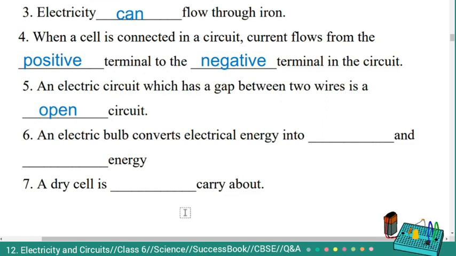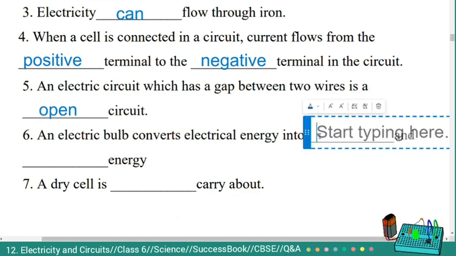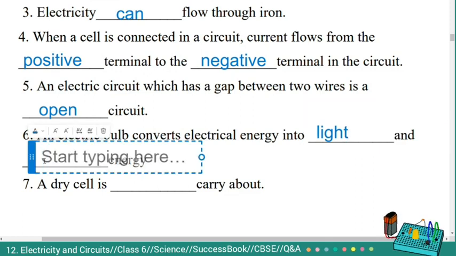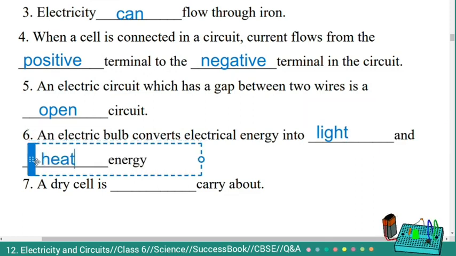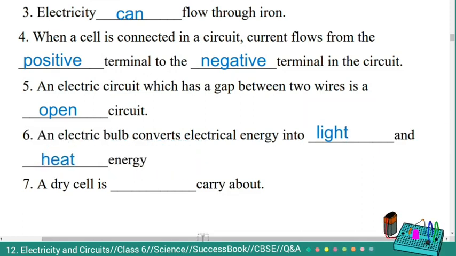Sixth, an electric bulb converts electrical energy into dash and dash energy. An electric bulb converts electrical energy into light and heat energy. Seventh, a dry cell is dash.